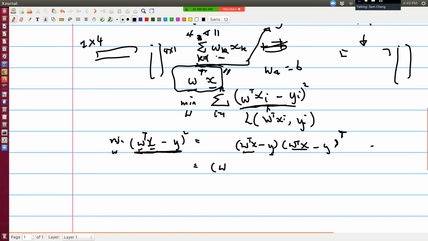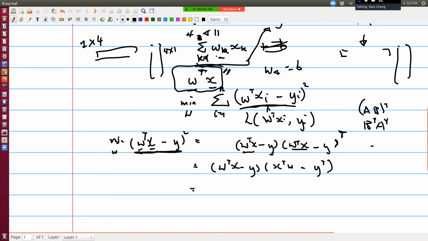This is x transpose w. So transpose this: remember, if you transpose ab, you get b transpose a transpose. So I have x transpose, and then w transpose gets back itself, and then minus y transpose.